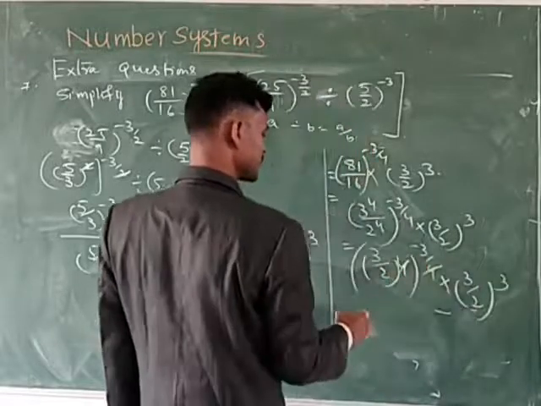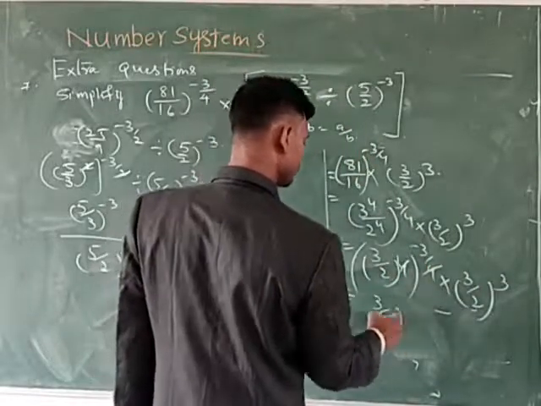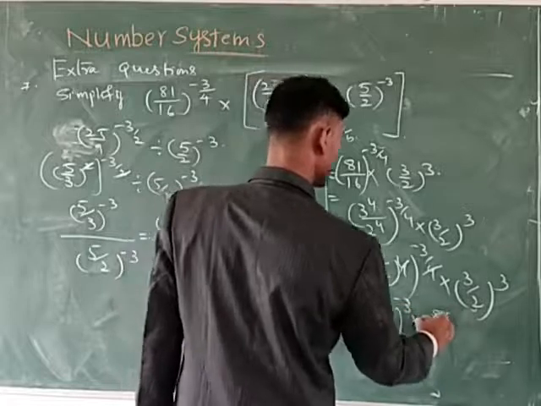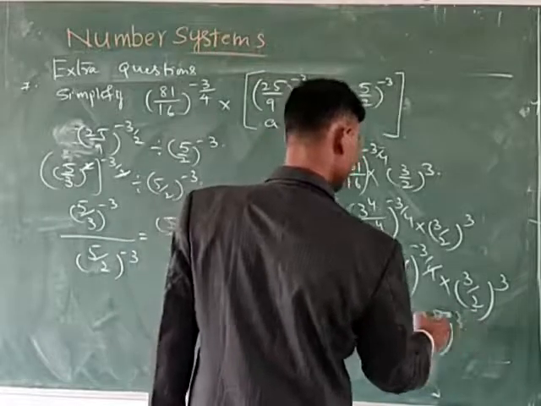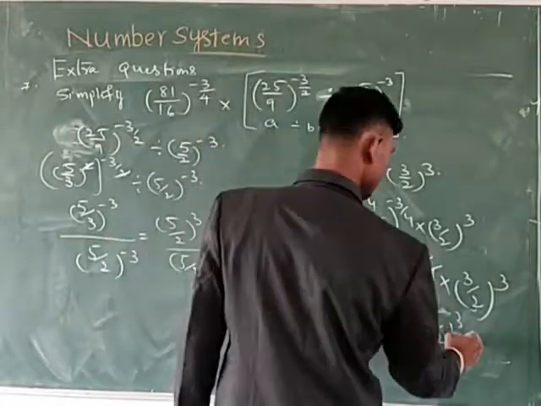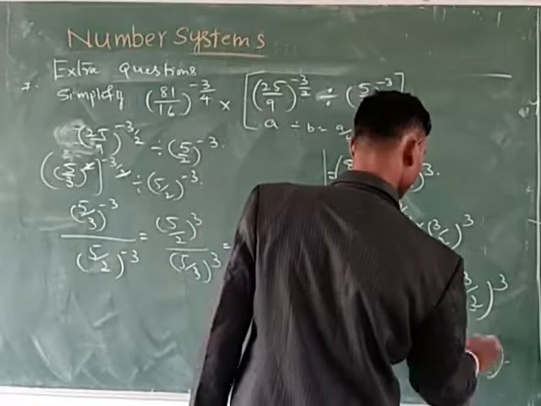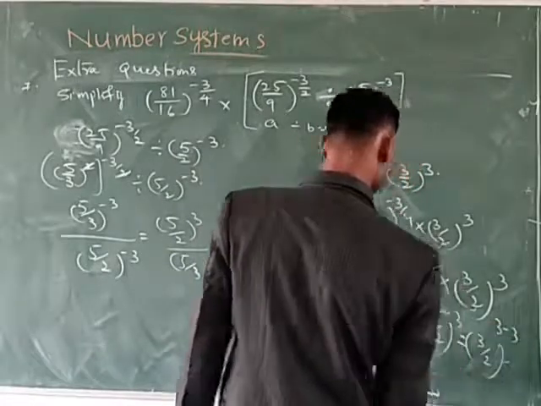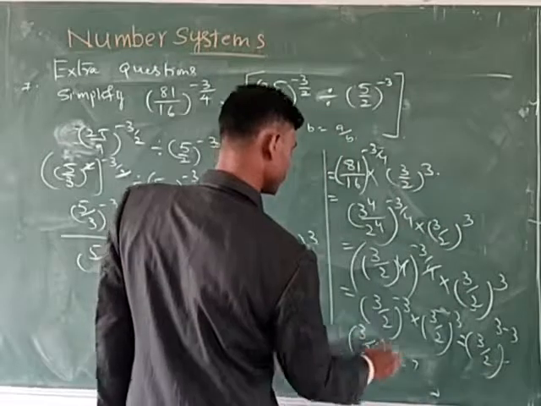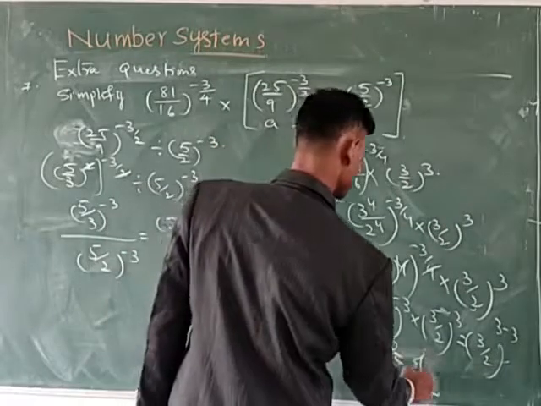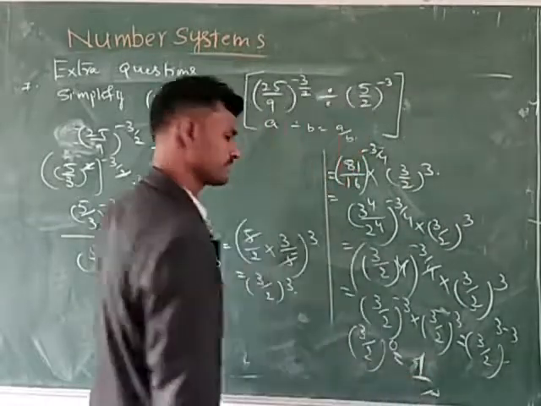This 4 cancels. Now 3 by 2 whole power minus 3 into 3 by 2 whole power 3. Bases are equal, powers we can add: 3 by 2 whole power minus 3 plus 3 is 3 by 2 whole power 0, which is equal to 1. Answer 1.